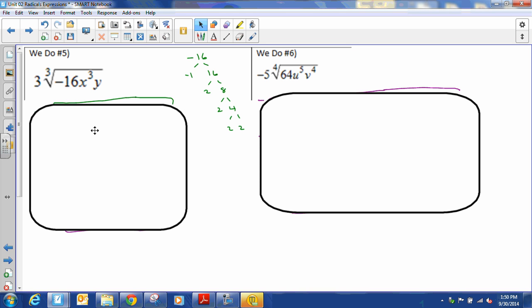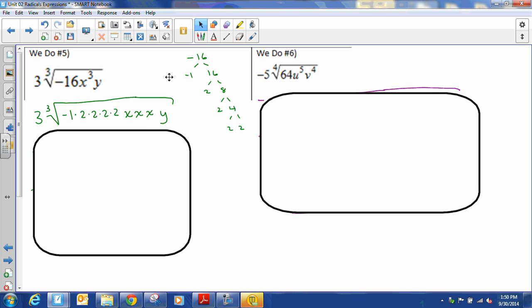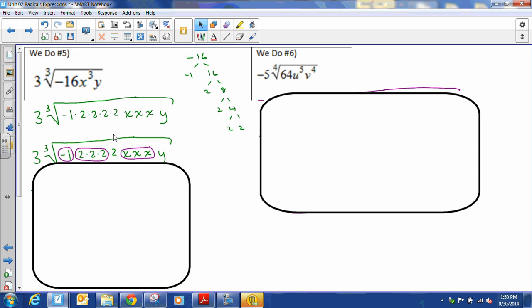So the last one we'll look at is a negative cube root. So basically, you take your negative 16, you factor out the negative 1, and you work with 16, which is 2 times 2 times 2 times 2. And the thing about negative 1 and cube root of negative 1 is that this is possible, right? Negative 1 times itself 3 times is actually negative 1.